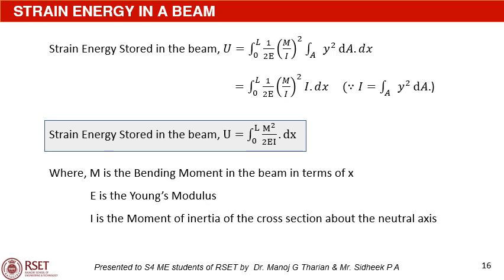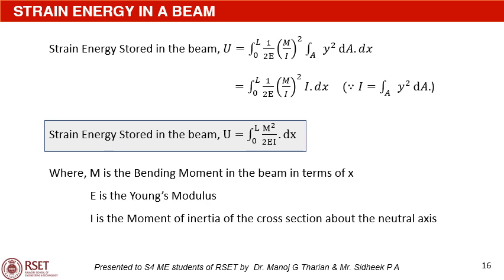This can be again rewritten because the integral over the area A of y square dA is equal to I, the moment of inertia of the cross section with respect to the neutral axis. Substituting, we get strain energy U is equal to integral 0 to L of 1 by 2E, M by I the whole square, into I into dx.